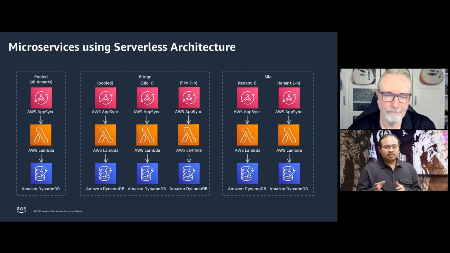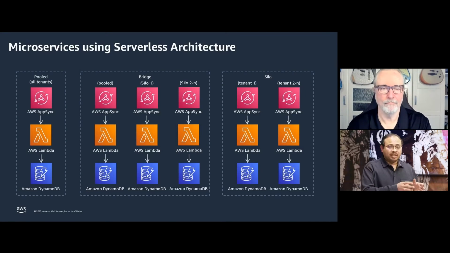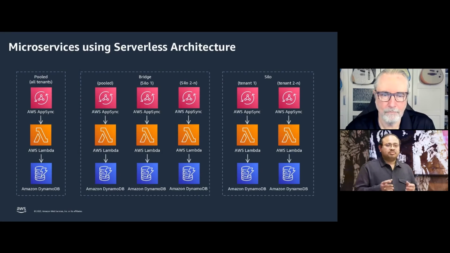On the silo model, for each tenant, you deploy a set of these services. On a bridge model, for a few tenants or a few services, you use this architecture, and for some other tenants or services, you use a silo model. So you make a combination of both to get the best of both worlds.